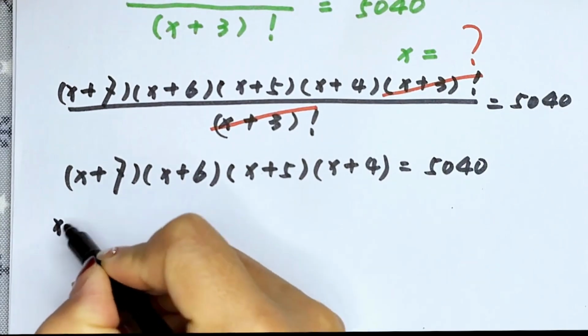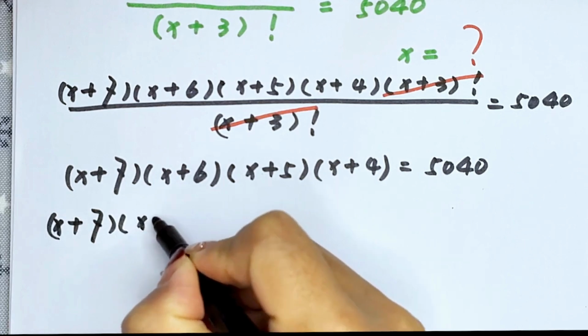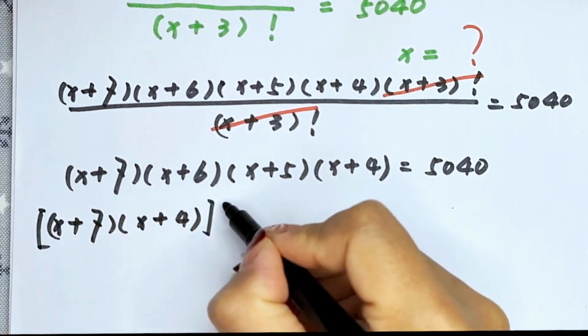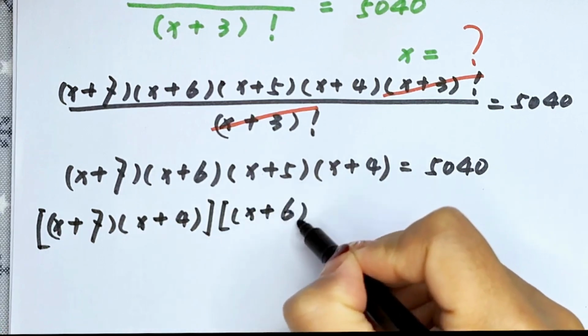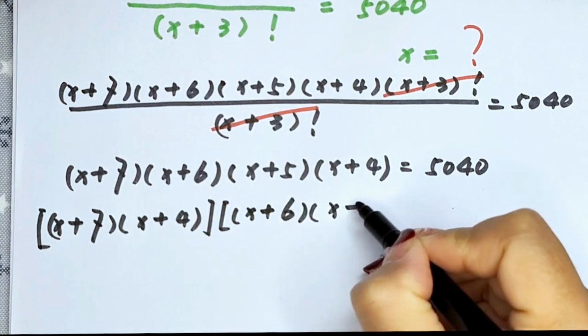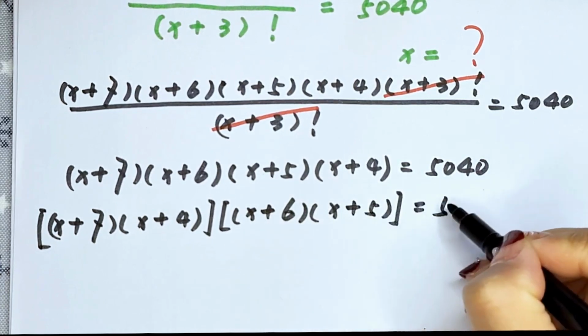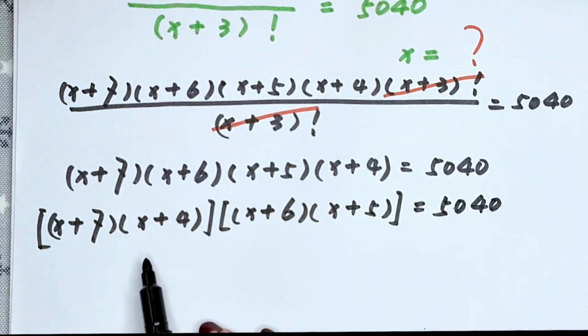Then (x plus 7) times (x plus 4) bracket times (x plus 6) times (x plus 5) equals 5040. Now we open the bracket.